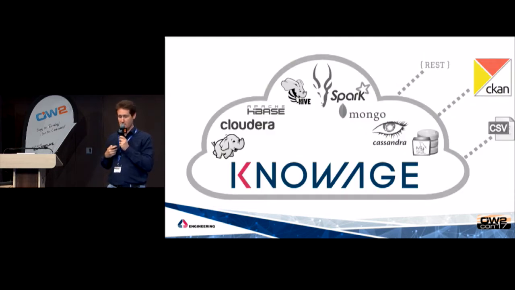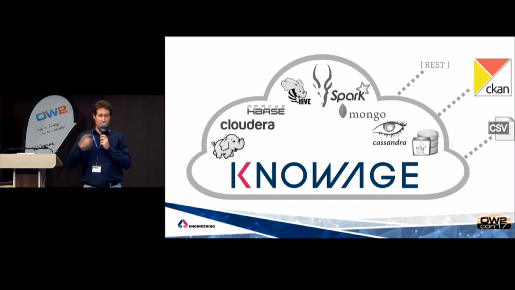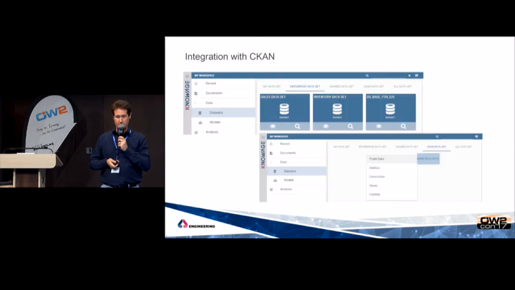Knowage was already able to query many data sources, such as Hadoop, Cloudera, Spark, MongoDB, etc. Within the FIWARE project, we also integrated the CKAN Open Data Portal. As you can see, CKAN datasets are being displayed, like all the other datasets that are available within the Knowage platform.